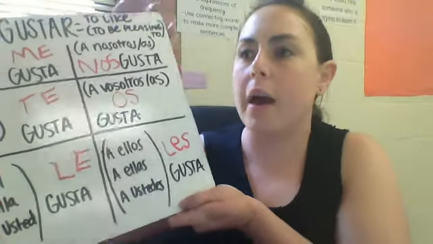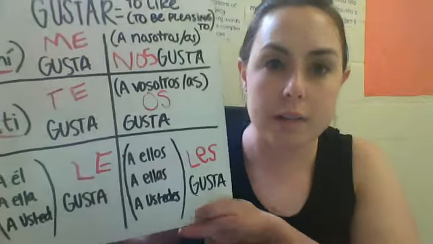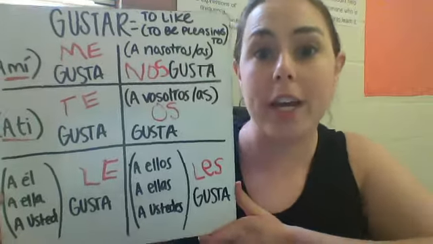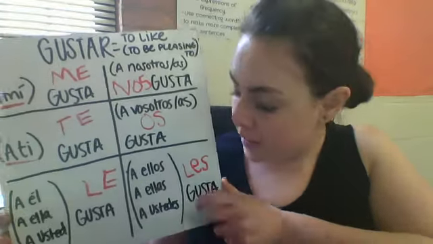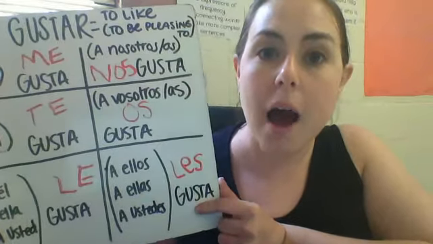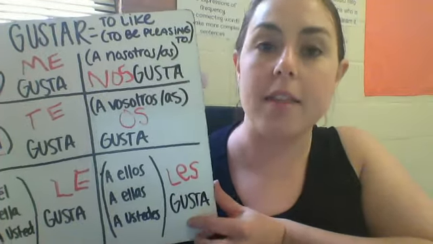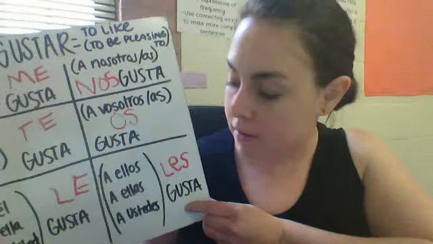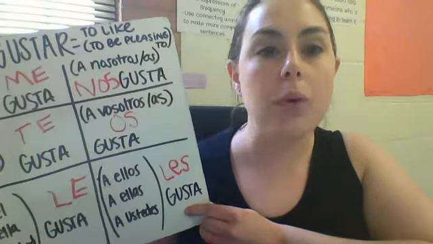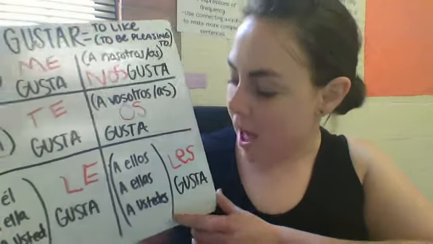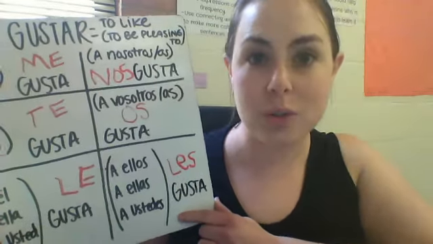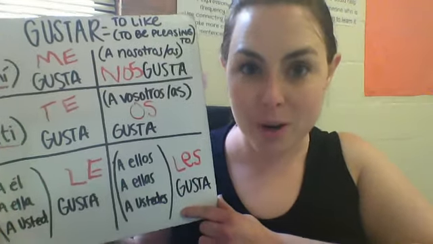So if, for example, I was going to say the students like to talk in class, I would say a los estudiantes les gusta hablar en clase, to say they like to talk in class. Or if I was going to say you all like to learn Spanish, because you do, I would say a ustedes les gusta aprender el español.